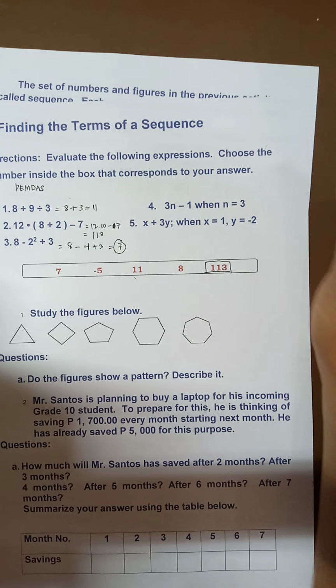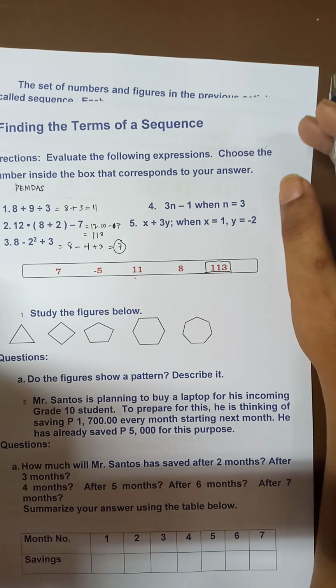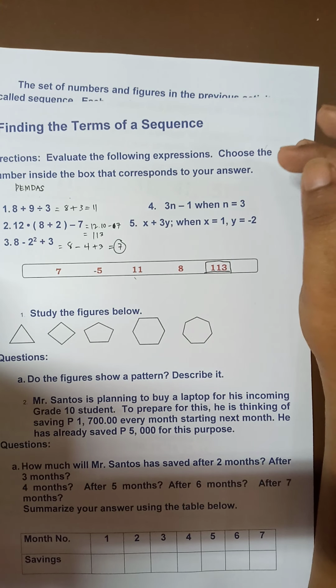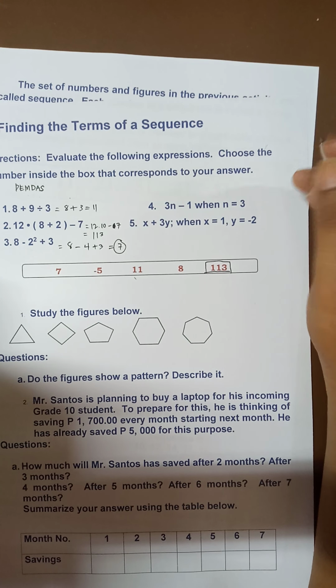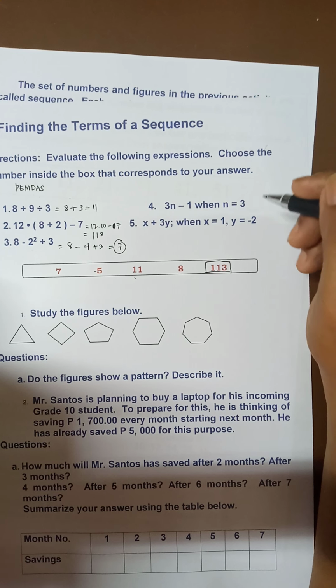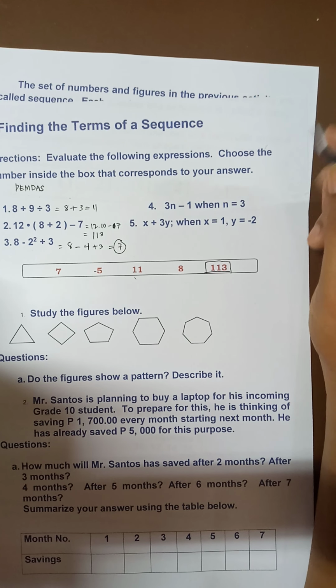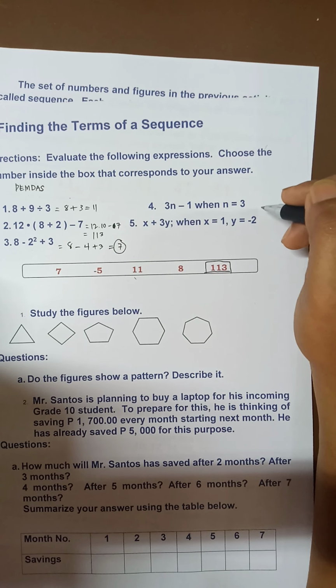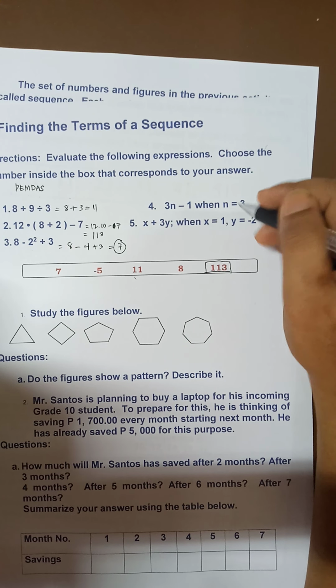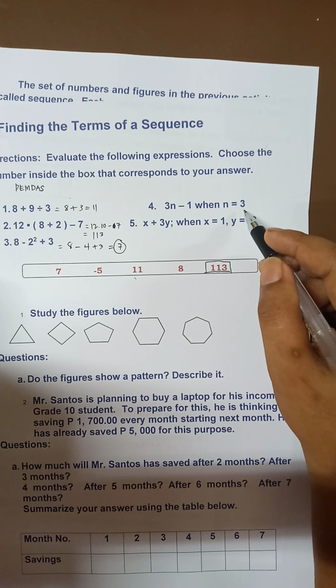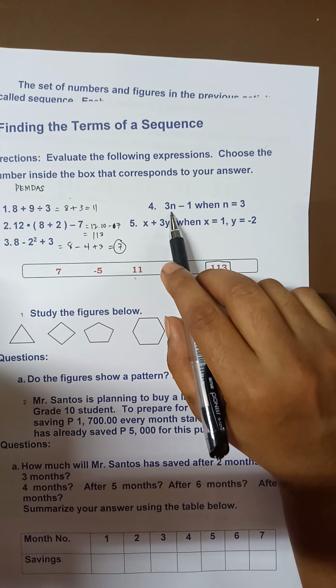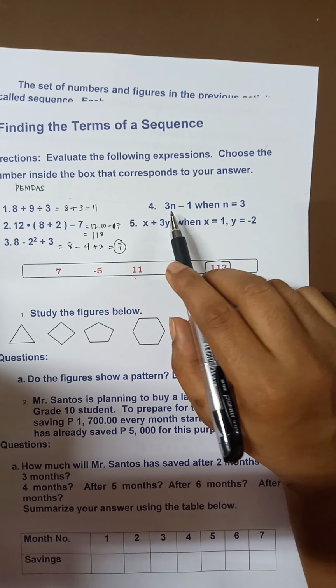For example number 4, 3n minus 1 when n is equal to 3. So what is 3n minus 1 when n is equal to 3? What we need to do is to substitute the value of n, which is 3, to this given expression.